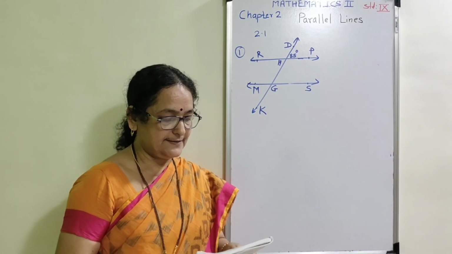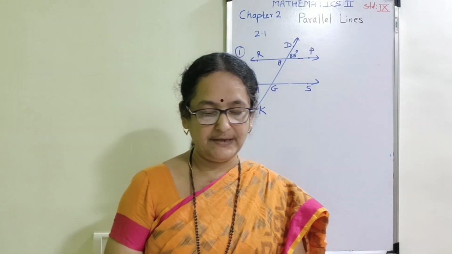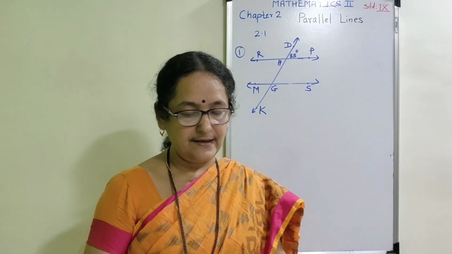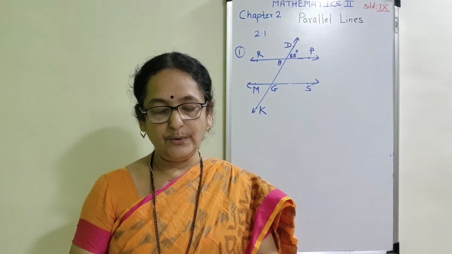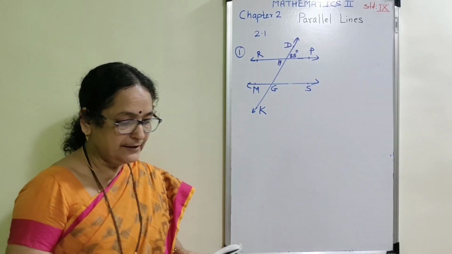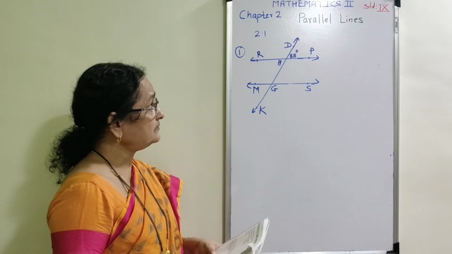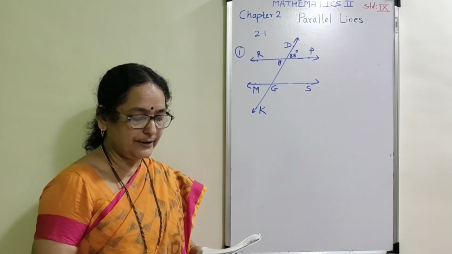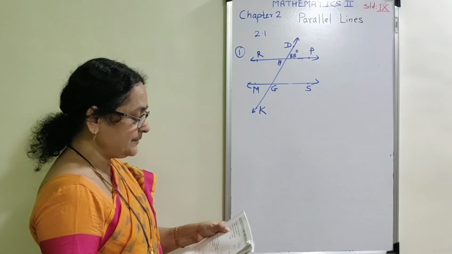Now read the given example. Line RP is parallel to line MS and line DK is their transversal. Angle DHP is equal to 85 degrees. Now find the measures of the following angles. First of all, how are you going to find the measures of the angles? I am going to read the names of the angles.